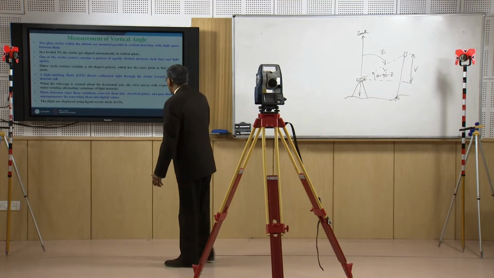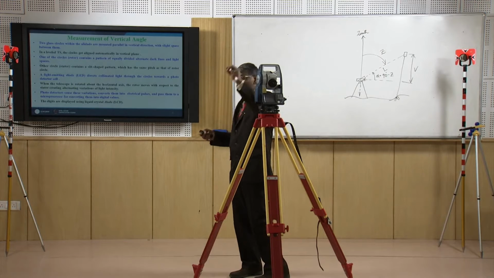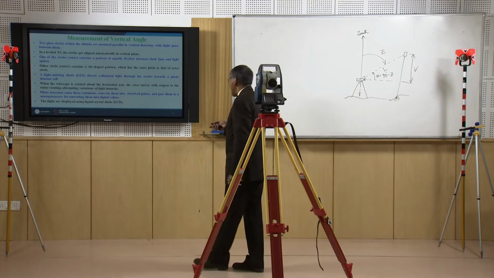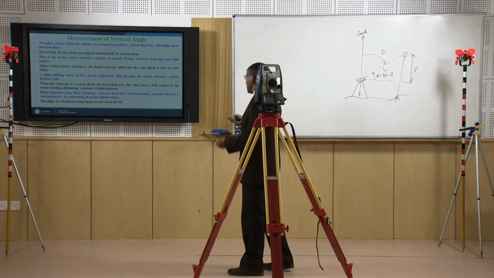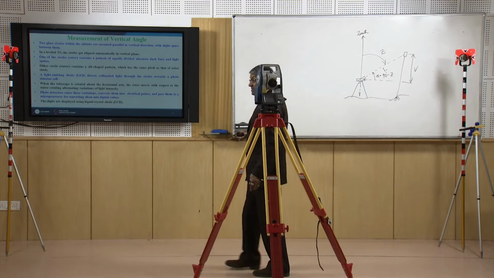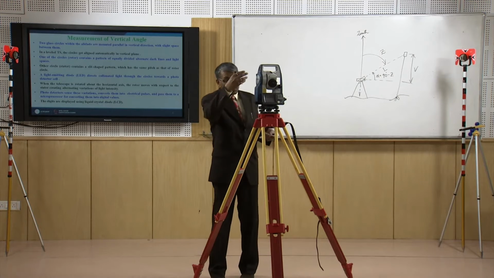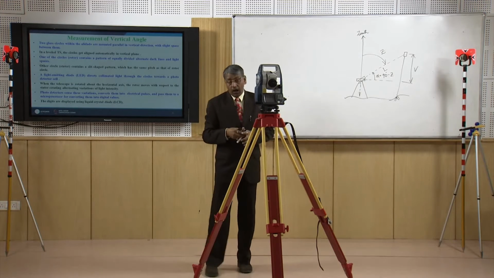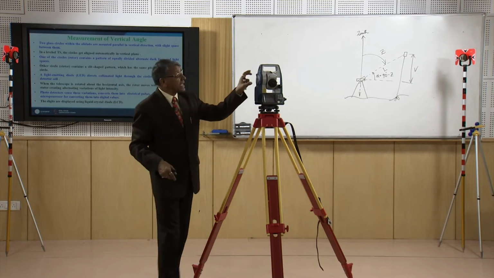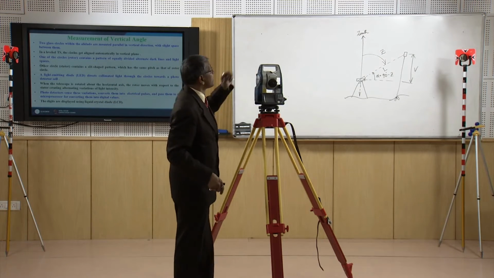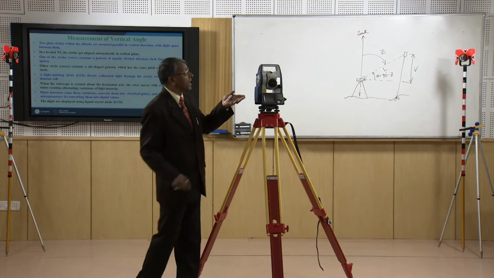The photodetector senses this variation, and depending upon the degree of variation, the variation in light is converted to an electric pulse, that means energy, and then to a digital value. So this is the basis behind measurement of vertical angle, and in a total station the measurement of vertical angle, like its horizontal angle, is automatic.